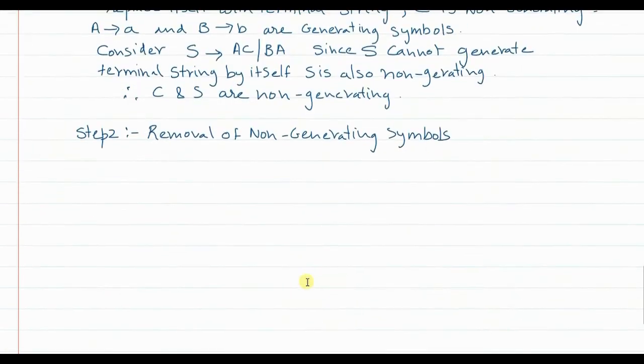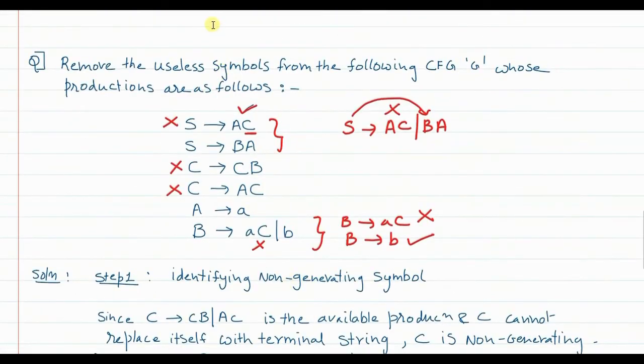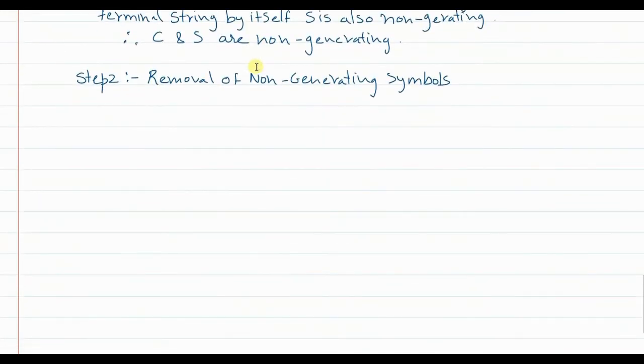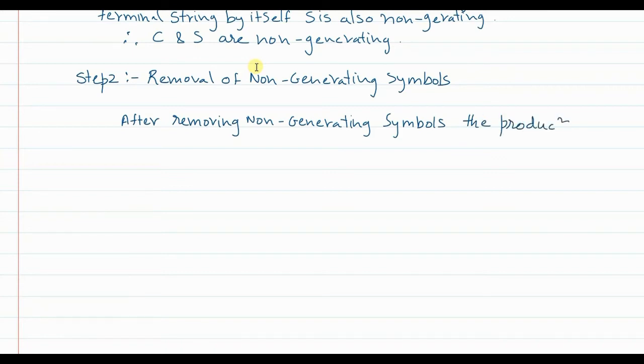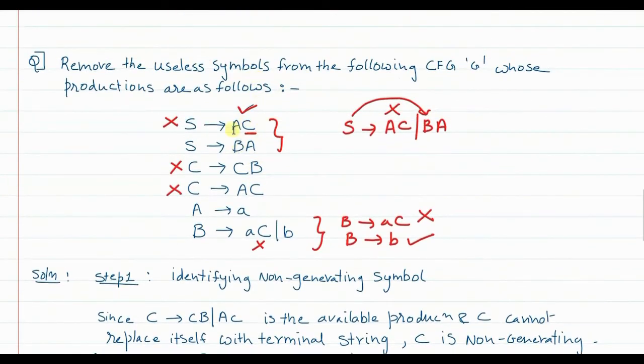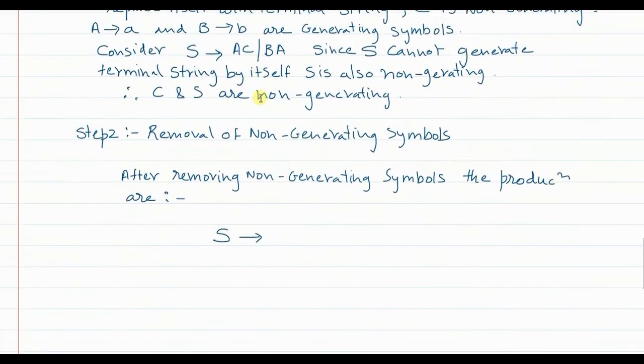So what we will retain after removal of the productions, I will just write here: after removing non-generating symbols, the productions are: S gives AC will go, but S gives BA will be retained.